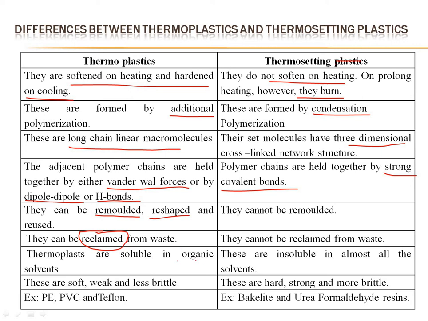Almost all thermoplastics are soluble in organic solvents, whereas thermosets are mostly insoluble. In their physical characteristics, thermoplastics are soft, weak and less brittle, while thermosets are hard, strong and more brittle. Polyethylene, polyvinyl chloride and Teflon are the best examples of thermoplastics, and bakelite and urea formaldehyde resins are the best examples of thermosets.